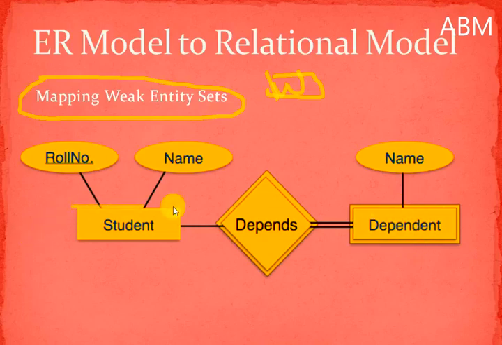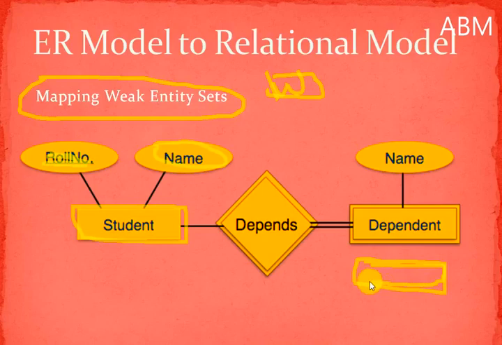And here you can see this is the student, and the student has a roll number. The roll number is its key. We can use the student roll number to determine its name and its other attributes. So student is not a weak entity, but here you can see that this is the dependent. The dependent entity is also shown with a double line.